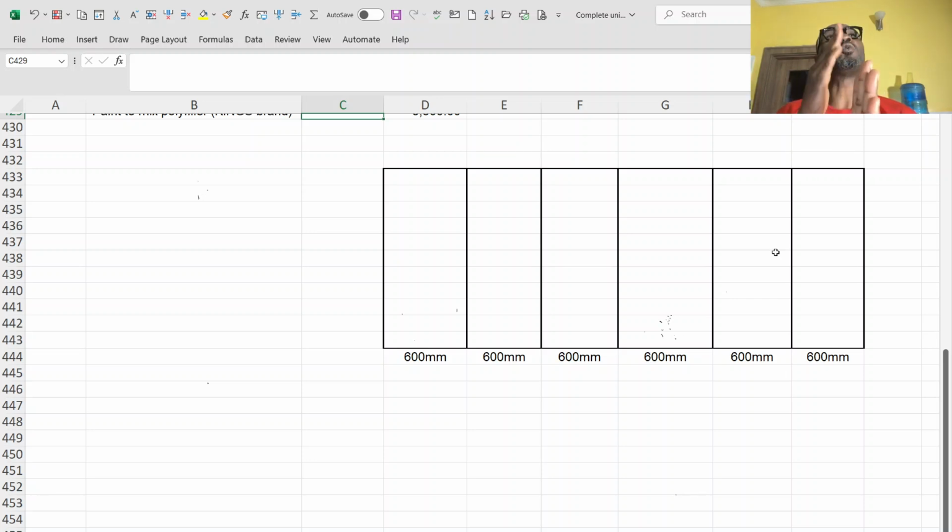So the specification could be at 500 centers, because if you are placing the profile at 500 centers for a 1.5 wide board, it means you are going to be putting an additional profile to take the edges of the two boards.